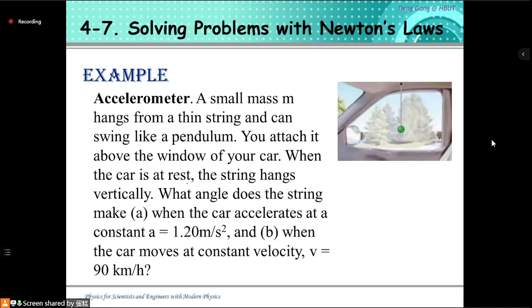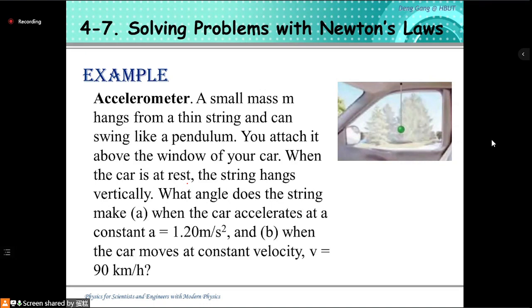So in order to produce an acceleration in the horizontal direction, we need a force, at least a component of that force along the horizontal direction. So that's why there must be an angle relative to the vertical direction. Because if it's still in the vertical direction, it's not possible.